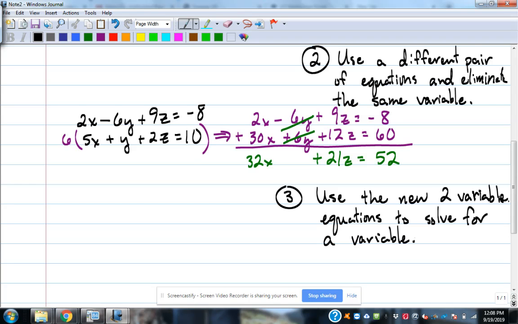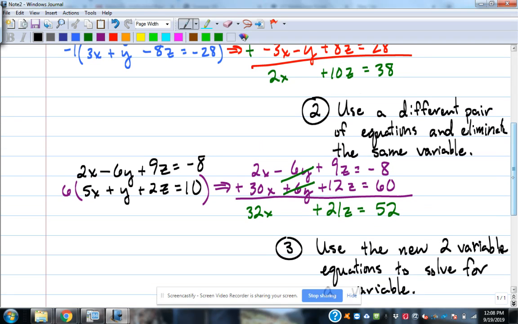So we're going to take both of those equations, the 2x plus 10z is equal to 38, and then the 32x plus 21z is equal to 52. We're going to take that system, and now it's a two-variable system like we've been doing all week. And we can choose what method to solve that one with.